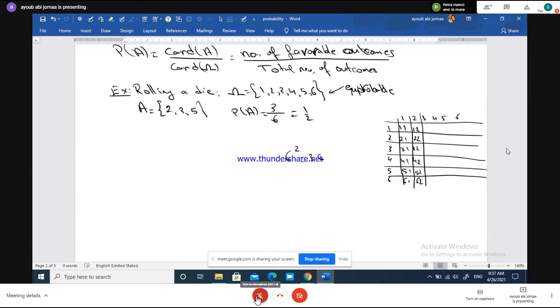Right? No, it won't give you 2 3 5, because the outcome is an ordered pair. When you roll a die twice, each outcome will be an ordered pair A B, where A is the number shown by the first die and B is the number shown by the second.